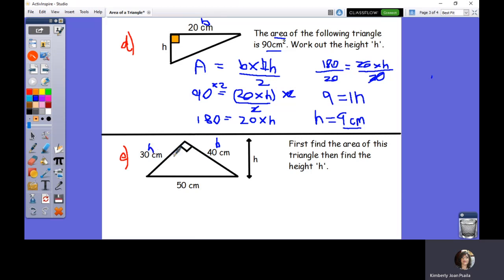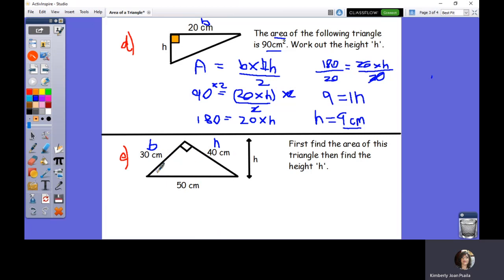Since this is perpendicular height, you can use this as your base. However, the perpendicular height of this side is this, so it can be your h. Other way around, you should get the same answer.